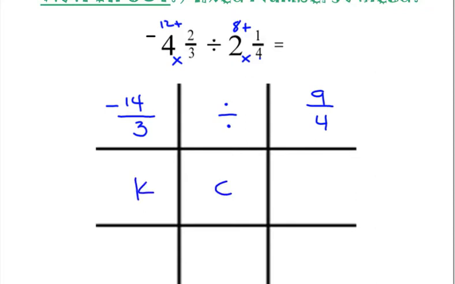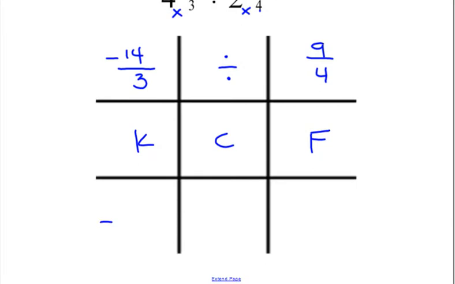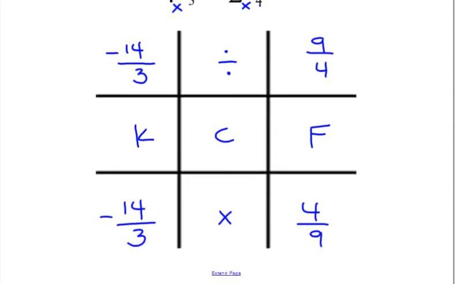So keep, change, flip. So negative 14 over 3, change division to times, and flip 9 over 4 to 4 over 9. Now I have a negative times a positive, so my answer is going to be negative.